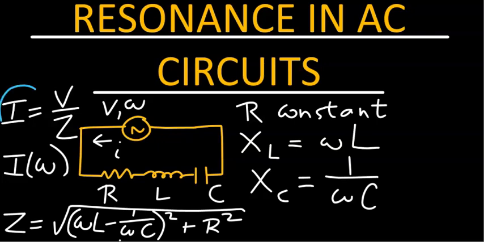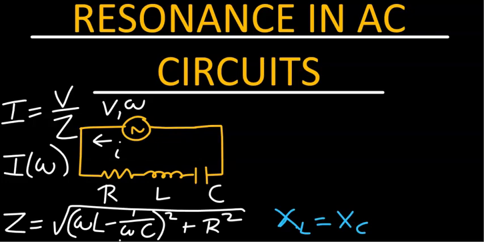The maximum value of I occurs when the impedance is minimum. And from this expression, the minimum value of impedance occurs when the quantity in the bracket vanishes, namely when the inductive reactance equals the capacitive reactance.